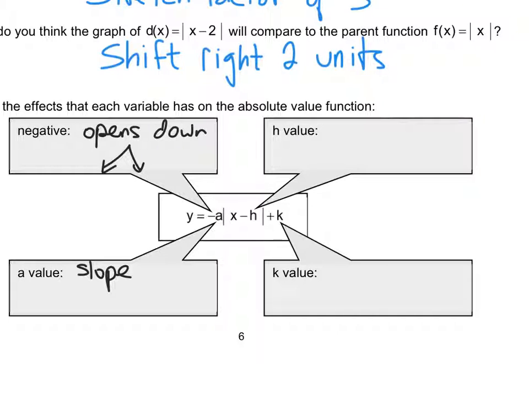The H value is your axis of symmetry. HK is the vertex. The K value represents the max or min height.